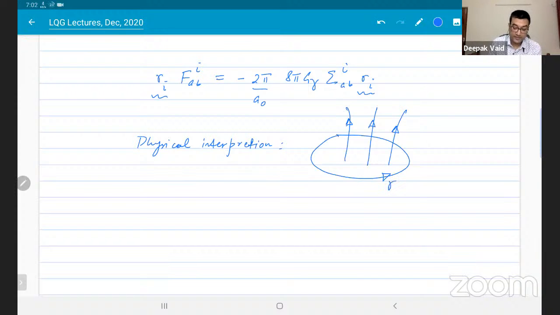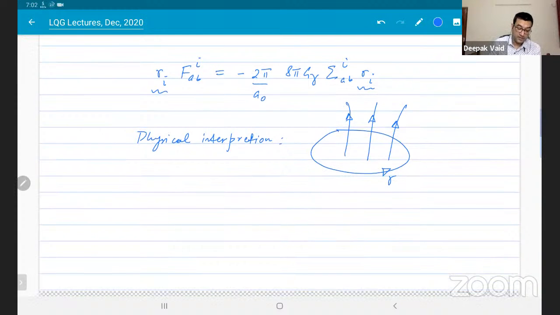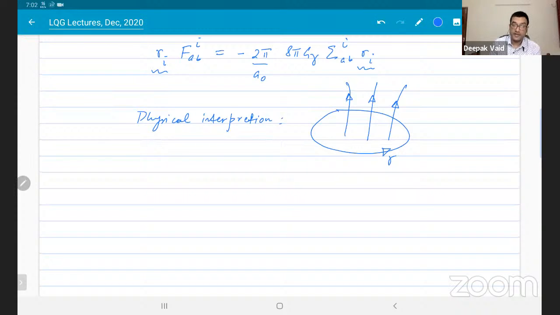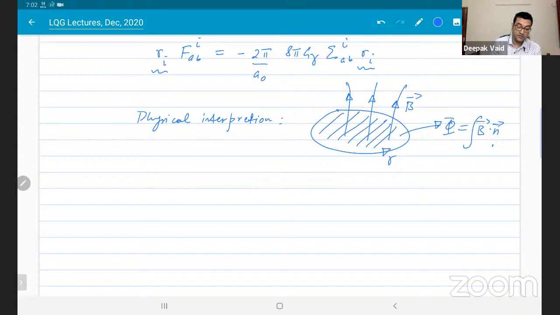Around that loop, you have some connection, right? And if you go around the loop, you get some non-trivial holonomy if there is a flux through the loop, right? So you imagine that there is a magnetic field. This is your magnetic field, and it has a certain flux through your surface, right? So you would write your flux as something like this, right? This is your usual definition of flux, dotted with some normal integrated over your d2x.